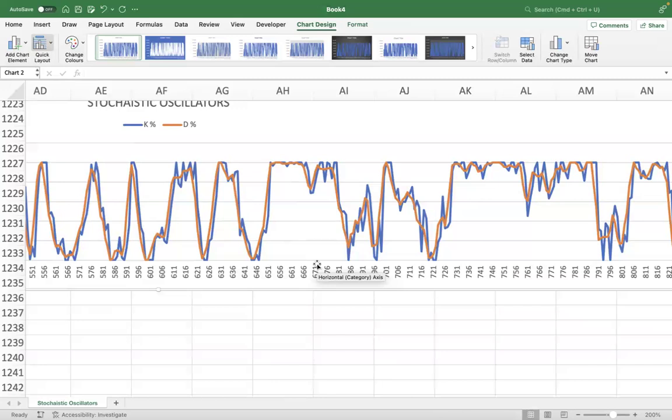You must look at the Bollinger Bands, the RSI range, the stochastic oscillator, the trend, the volume, and then decide when to enter and exit. Okay, so this is how you construct the stochastic oscillator.